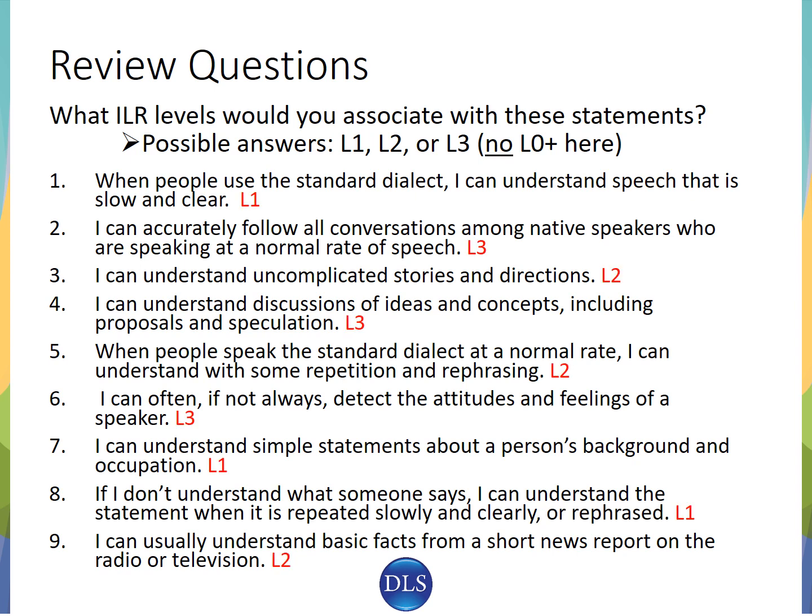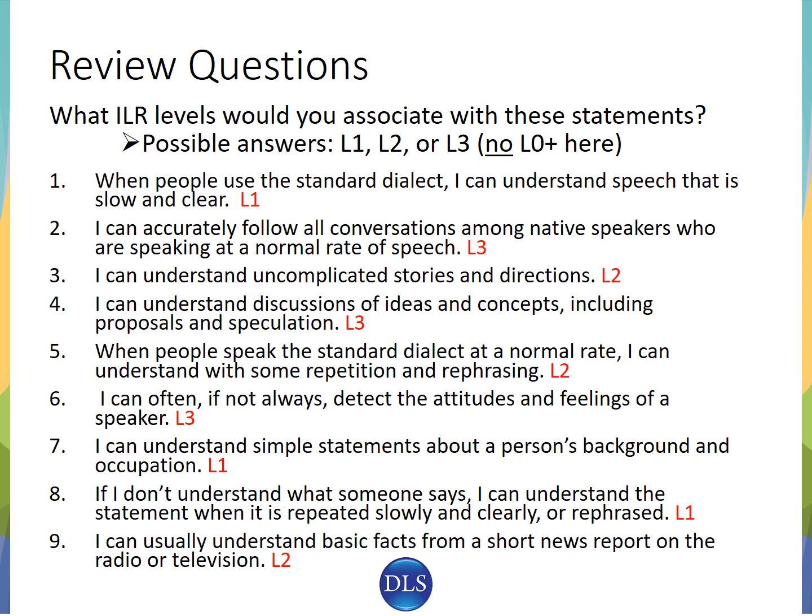What ILR level did you choose for each statement? For the first statement, the learner can understand slow and clear speech, which tells us they are a level 1 listener. The second statement says they can follow all native speaker conversations at a normal pace. That indicates level 3. Next, the third listener can follow directions and uncomplicated stories.